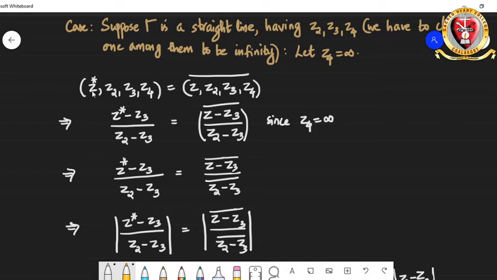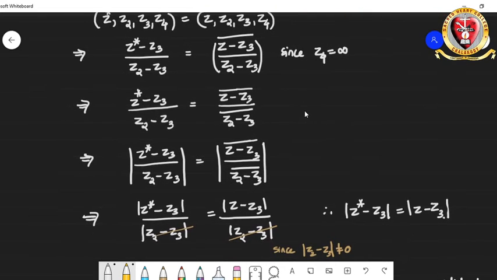So instead of Z1 we have Z star here, so that is Z star minus Z3 divided by Z2 minus Z3 is equal to, in the RHS, since Z4 is infinity, we have Z minus Z3 divided by Z2 minus Z3, the whole bar. This can be written like this, giving the conjugate on the numerator and denominator.